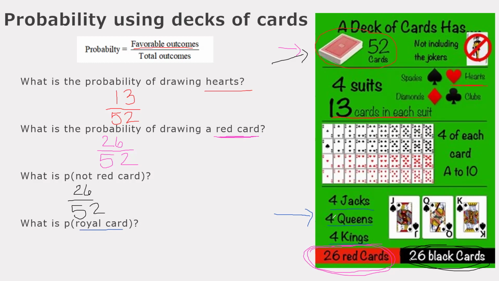So 4 jacks plus 4 queens plus 4 kings: 4 plus 4 is 8, 8 plus 4 is 12. So there are 12 royal cards that we could choose. That's our numerator. And then the total number of options here would be 52 cards. So there's our probability of that.